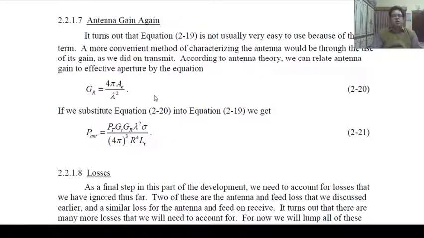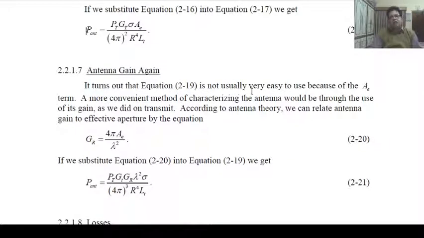Now antenna gain. Equation 2.19 is not usually very easy to use because of the AE term. A more convenient method of characterizing the antenna is through the use of its gain, as we did on transmit.